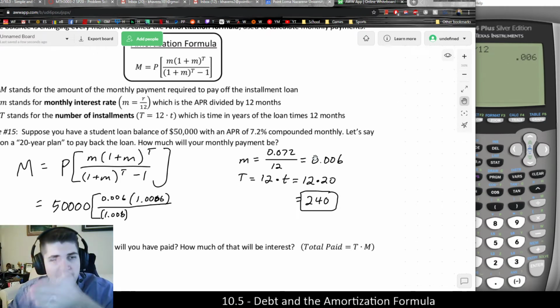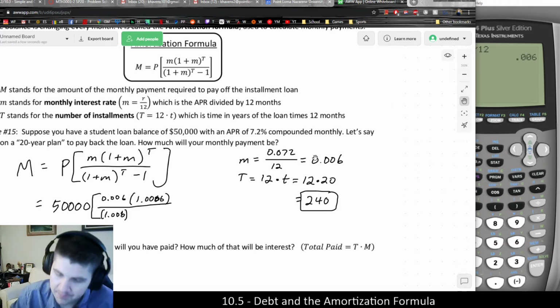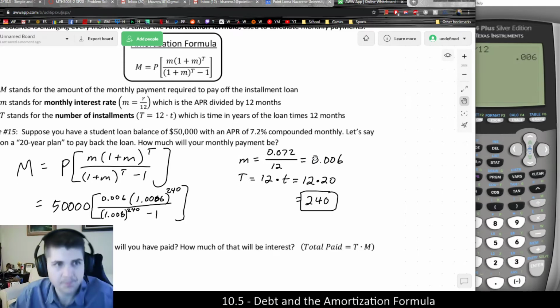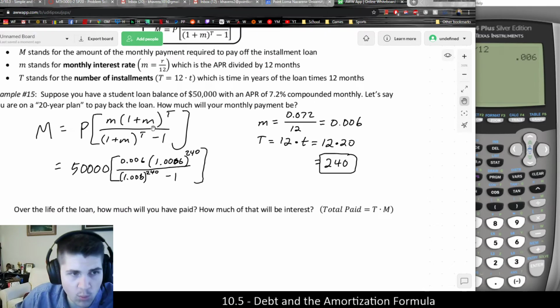So if I'm paying off this amount every month for 20 years, this is how many payments I'm going to be making, 240. And that's going to be the exponent on each of those percentages, minus 1, end of story.